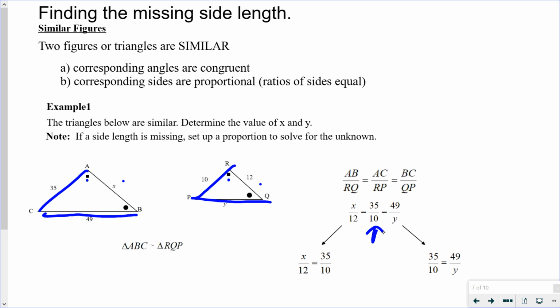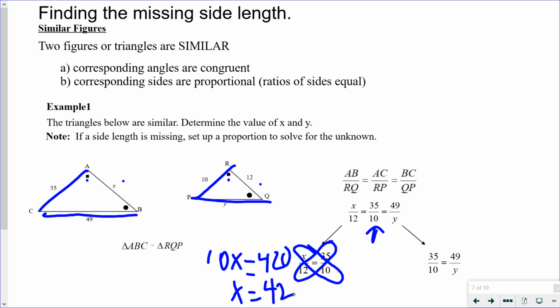We want to know what 12 times 35 is, and then set that equal to 10 times X. So we end up with 10X is equal to 12 times 35, which is 420. Divide both sides by 10, so X is equal to 42.